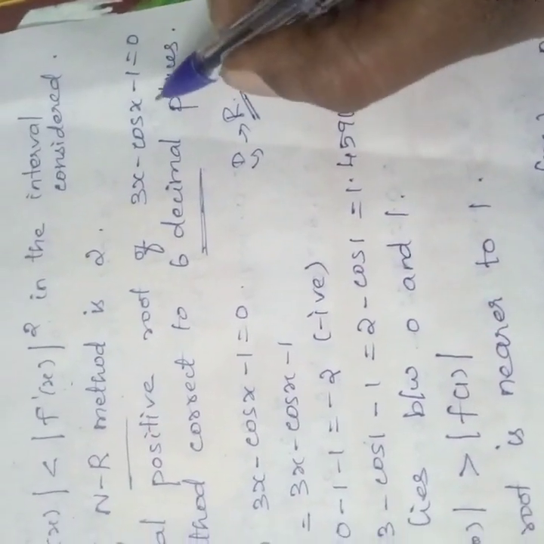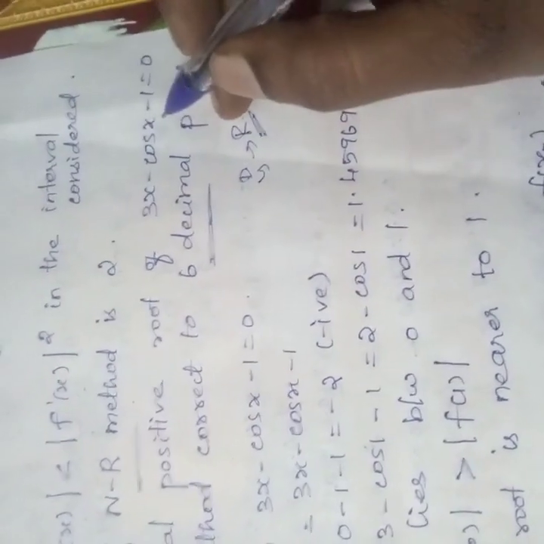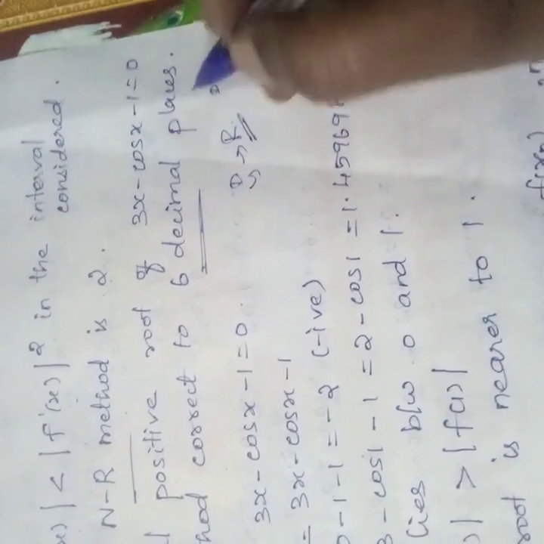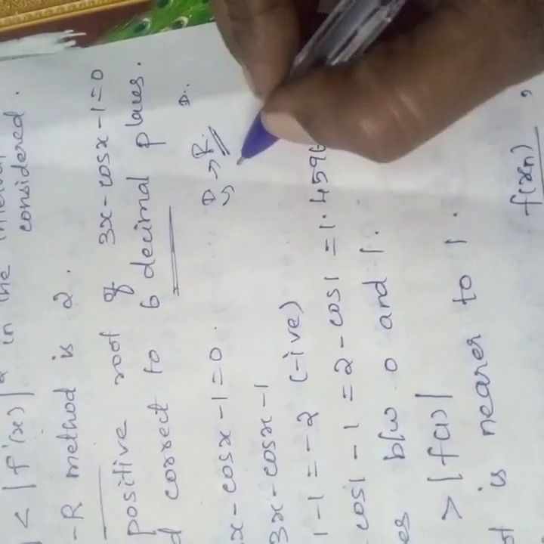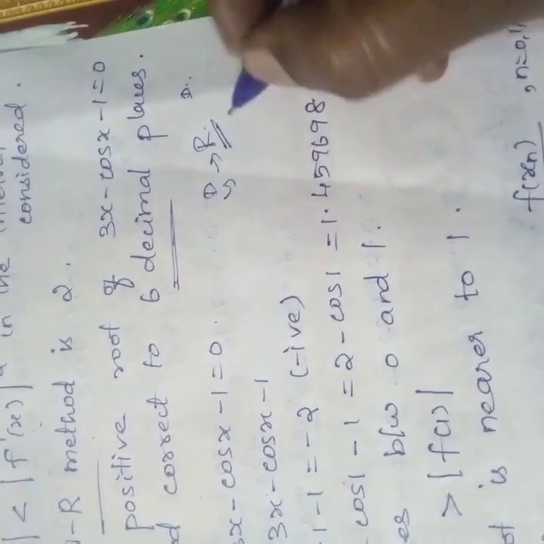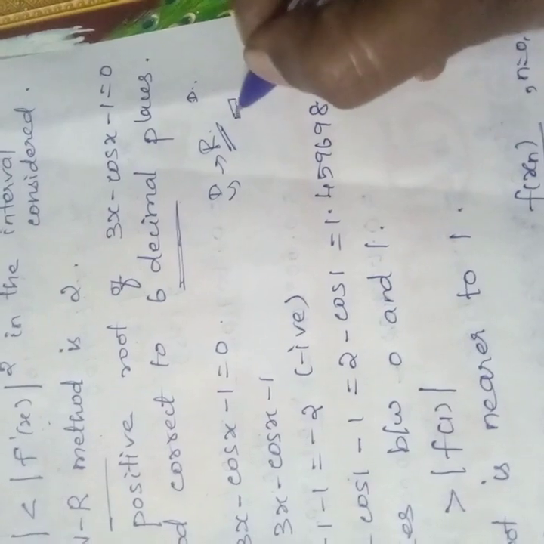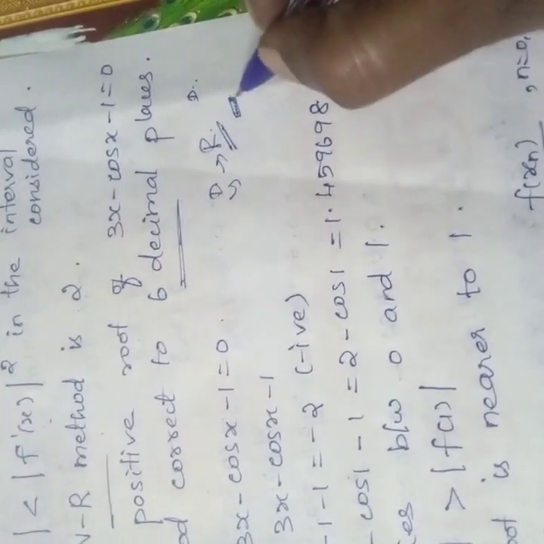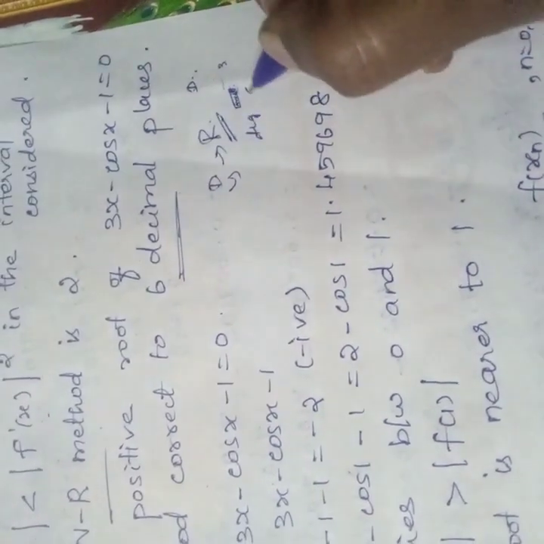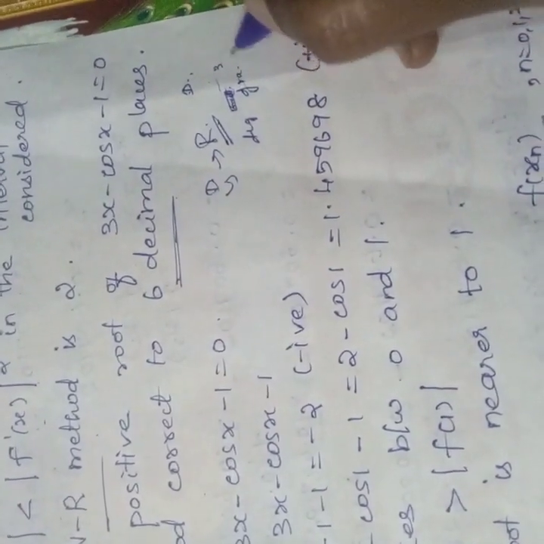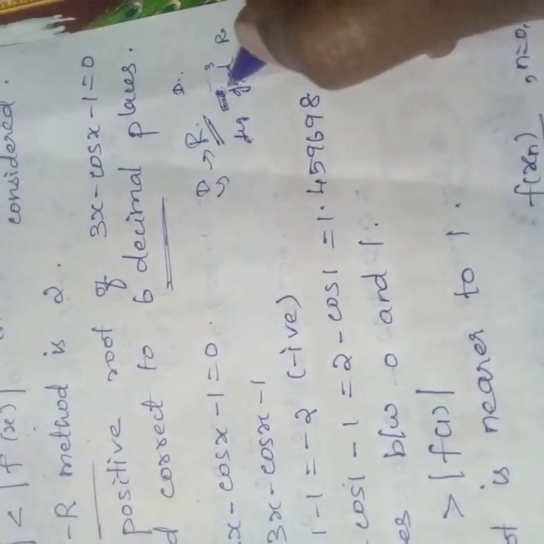If the problem includes trigonometric functions, you must change the calculator from degree mode into radian mode. That is, you click the mode button 3 times. When you click this mode symbol 3 times, you have degree, radian and gradient.